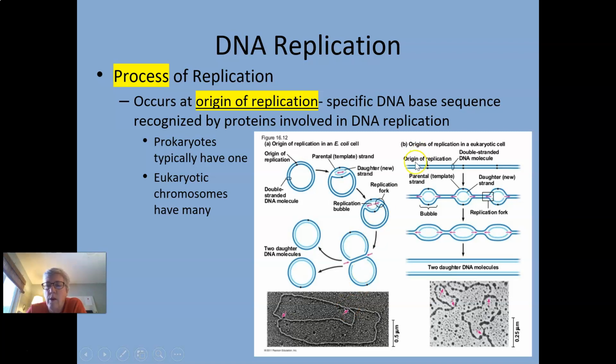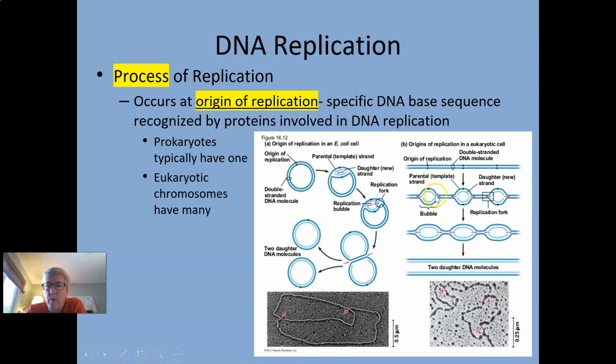Okay, and then in a eukaryotic cell, the chromosomes are linear, not circular. So here's a stretch of double-stranded DNA. And origins of replication will start at all sorts of places along these chromosomes because if we only had one origin of replication, it's going to take a long time. So there are several origins of replication along the length of eukaryotic chromosomes.